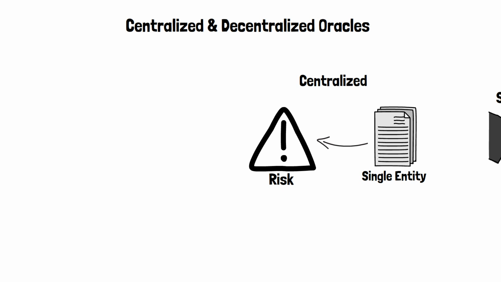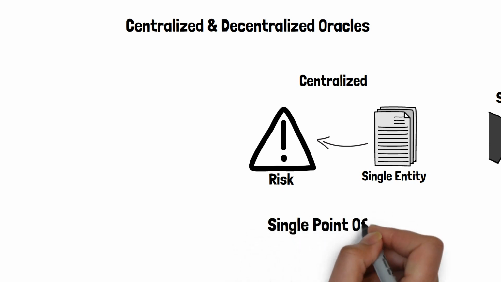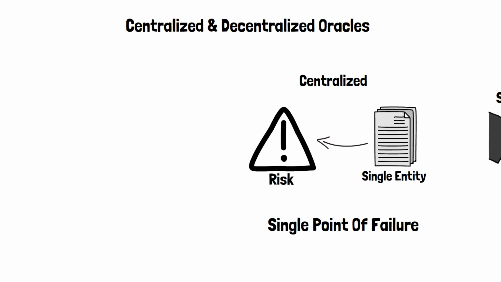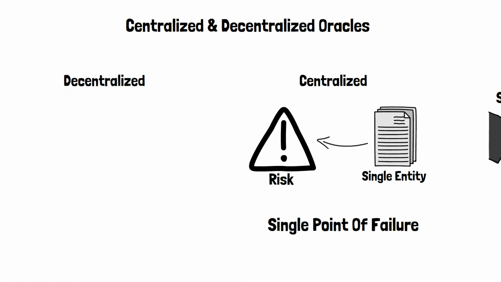Also, any malicious interference from a bad actor will have a direct impact on the smart contract. The main problem with centralized oracles is the existence of a single point of failure, which makes the contract less resilient to attacks.